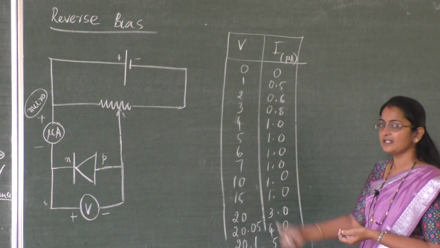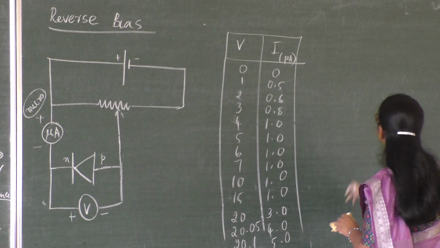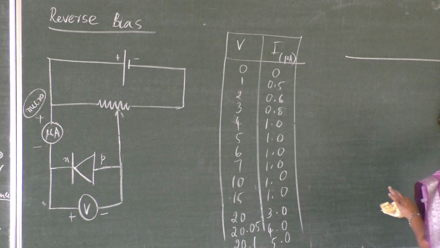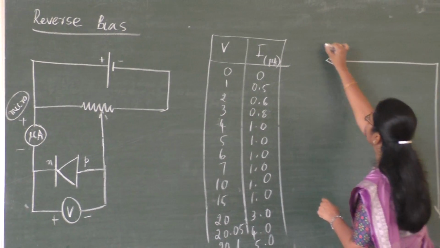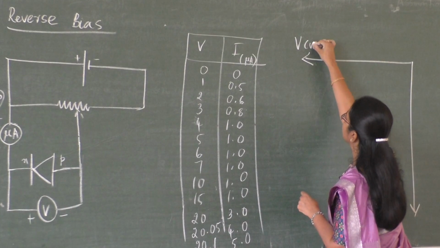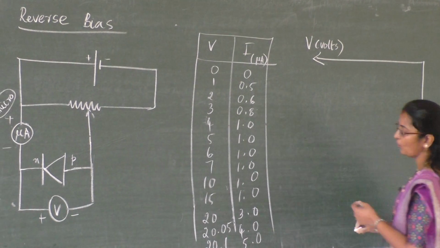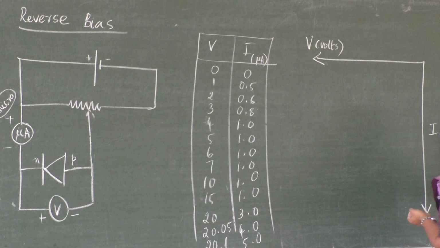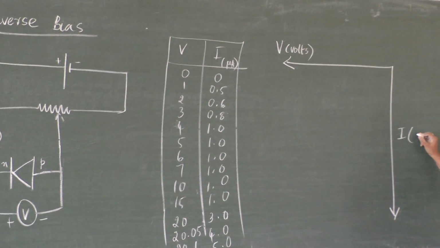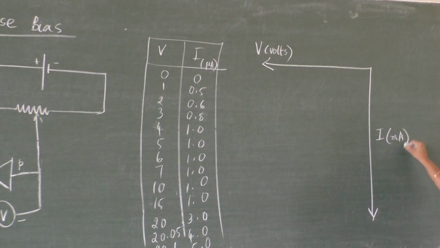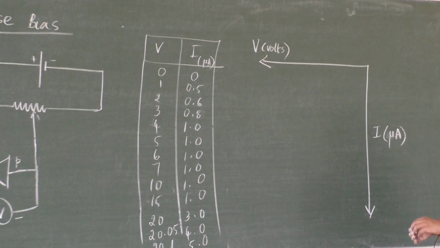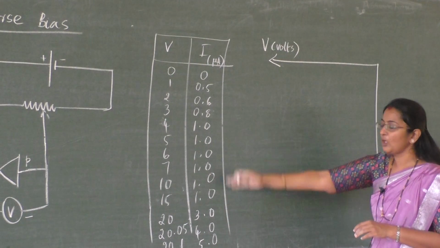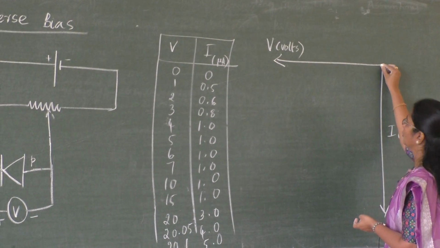Let us represent this graphically. Now I have to draw the third quadrant, negative x-axis and negative y-axis. On the negative x-axis I am representing voltage, unit is volts. Here I am representing current in microamps. Now by plotting these points, initially 0.